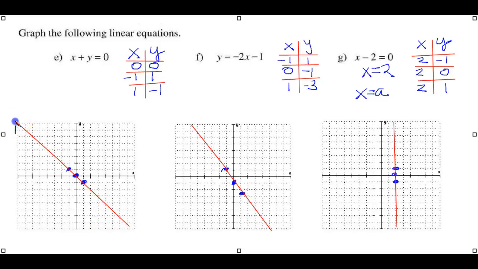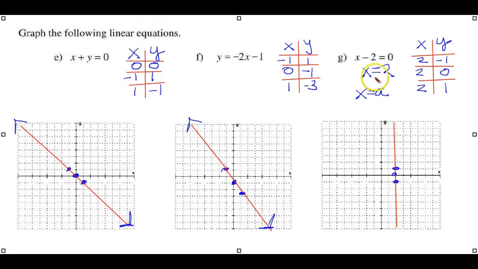Remember, there's an infinite number of points. Now, why did I choose these values, you might ask? Well, they keep it near the origin. I don't want to choose like 100, which is not on the scale at all. And notice these lines are similar, but not quite the same.